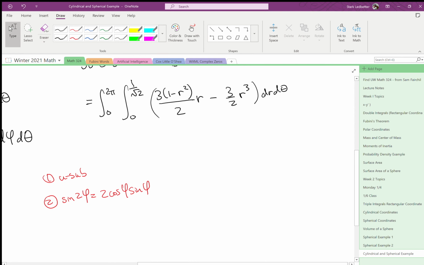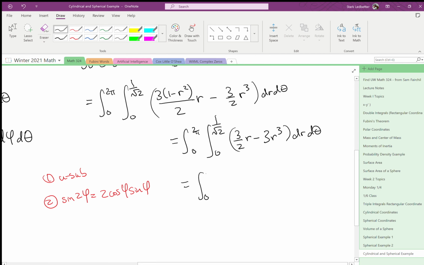Let's just do a little bit more simplifying before we integrate. Let's see, what is this? 3 halves r minus 3 halves r cubed minus another 3 halves r cubed, so minus 3r cubed is what that is. dr, d theta.